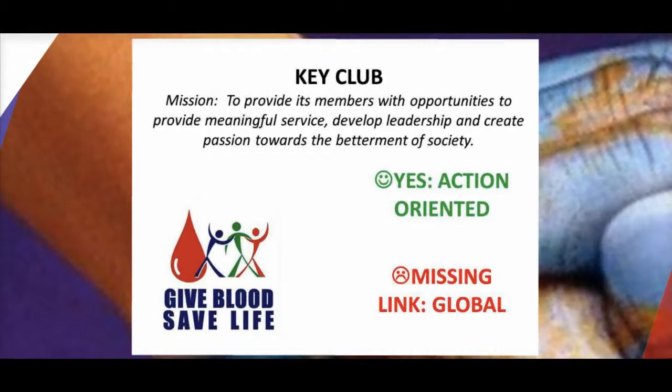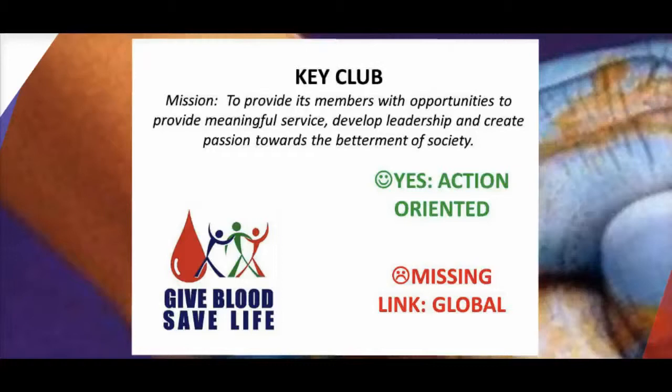Key Club. The Key Club provides its members with opportunities to provide meaningful service, develop leadership, and create passion towards the betterment of society. One of the main things that the Key Club does here at Sewickley Academy is to run the blood drives. Most of the blood donations go to people in the region of Pittsburgh, and most of the awareness and the blood donations are right in this region.